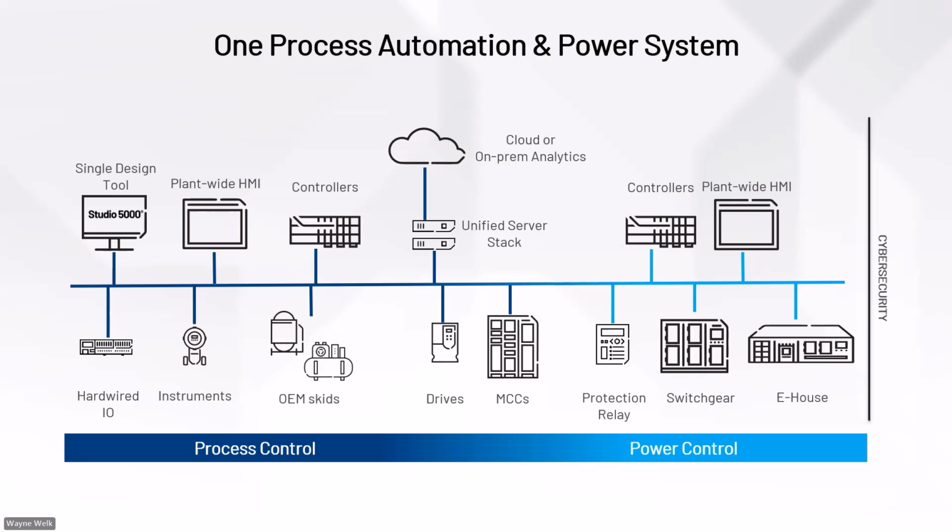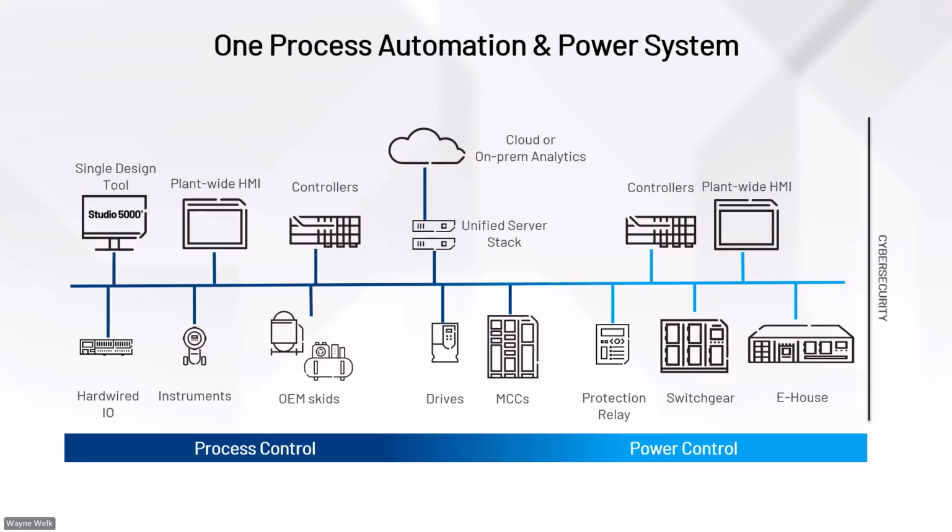So first of all, let me frame our discussion. What we're talking about at a high level is traditionally your process control system, connected to your hardwired I/O instrumentation, and maybe some skids that are connected to the overall plant. That's your traditional process control system. What we're going to talk about today is intelligent power, and what we mean by that.